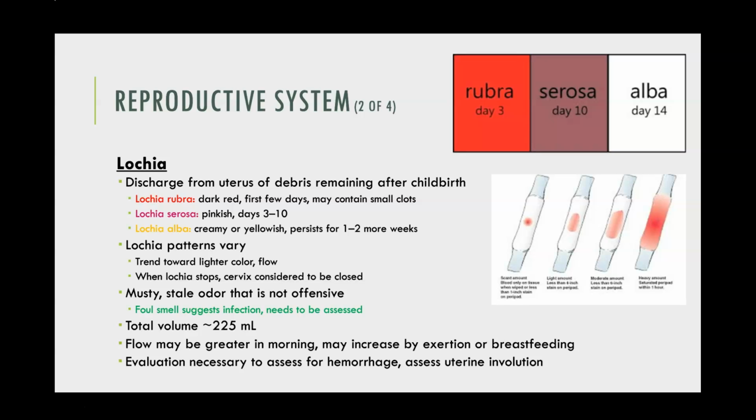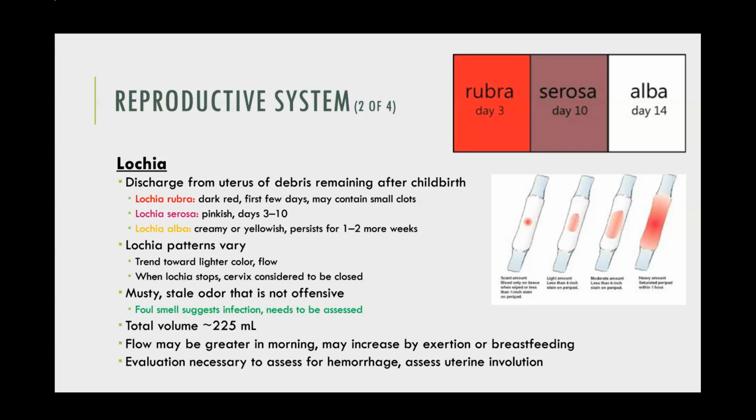Lochia patterns vary individually, so none of your patients will really experience the same thing, but in general, we know that lochia trends toward a lighter color and a lighter flow. If your mom experiences the opposite of that, that would be a concern that would need to be reported.